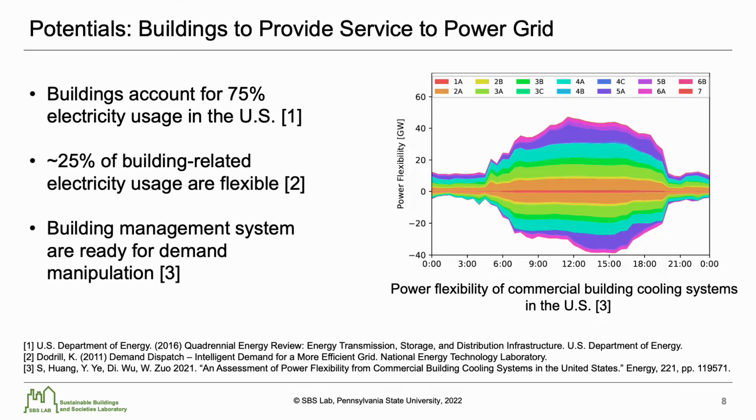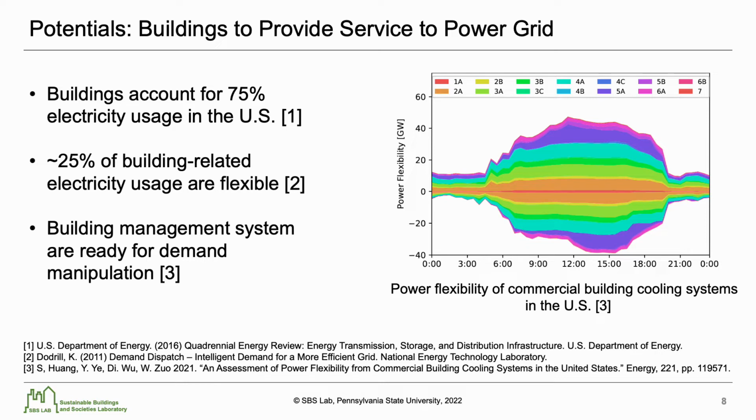For example, they account for nearly 75% of electricity usage in the U.S. Second, nearly 25% of building-related usage is flexible. Third, the building management systems are ready for demand manipulation.